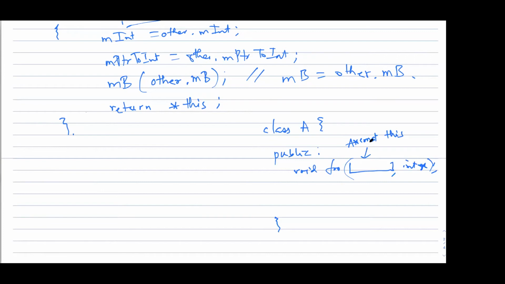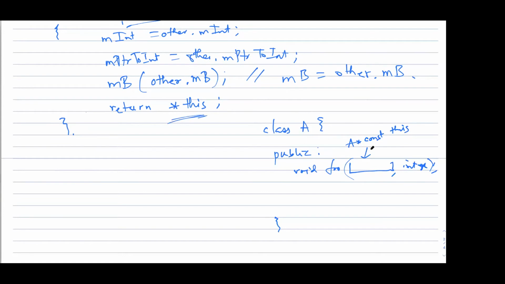Let's be clear. So A is a const pointer, const this. What is constant here? The constant is the pointer. So this is a const pointer to A, because this is supposed to point to the object.